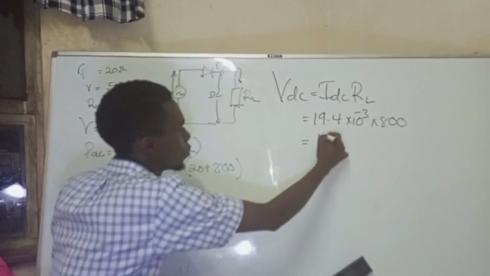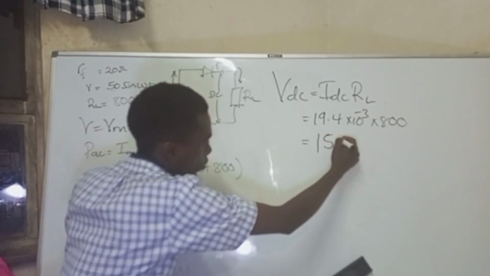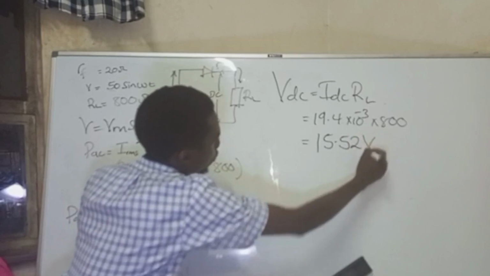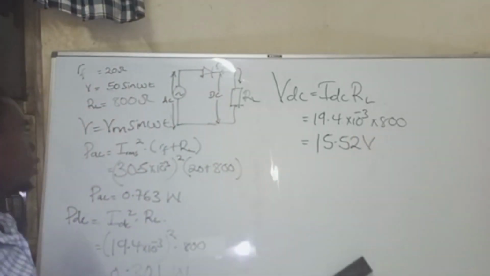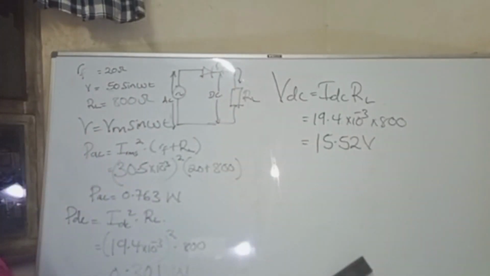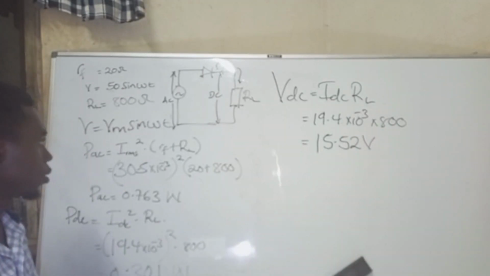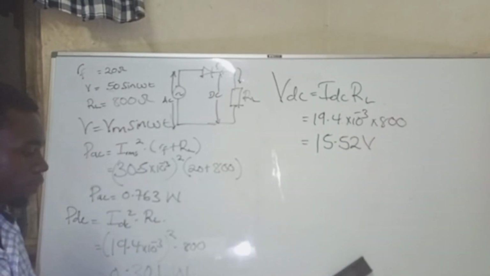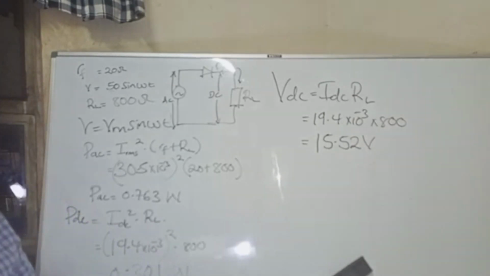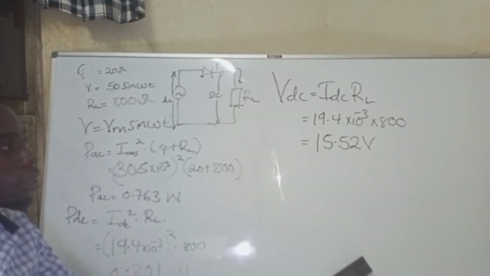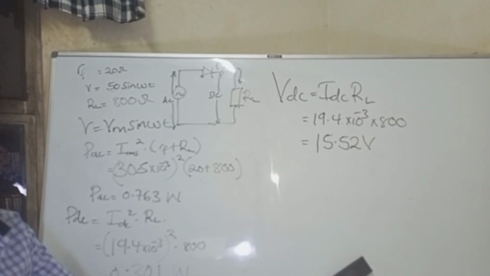So my VDC is 15.52 volts, and that is our DC value. There's something else I wanted to show you about this DC value. Maybe we shall have to apply it in the next calculation.